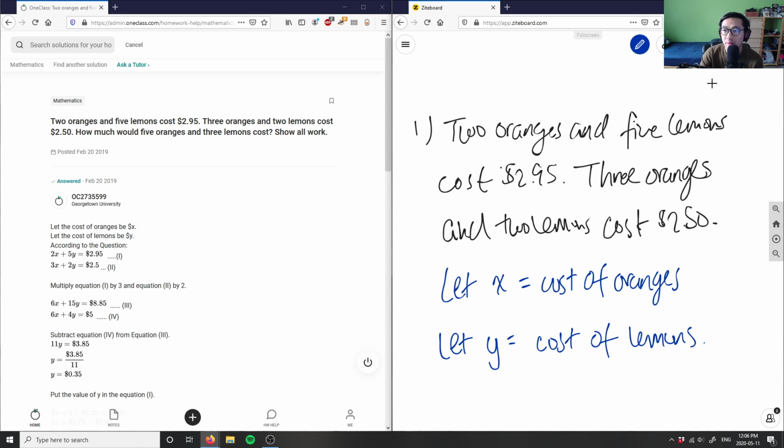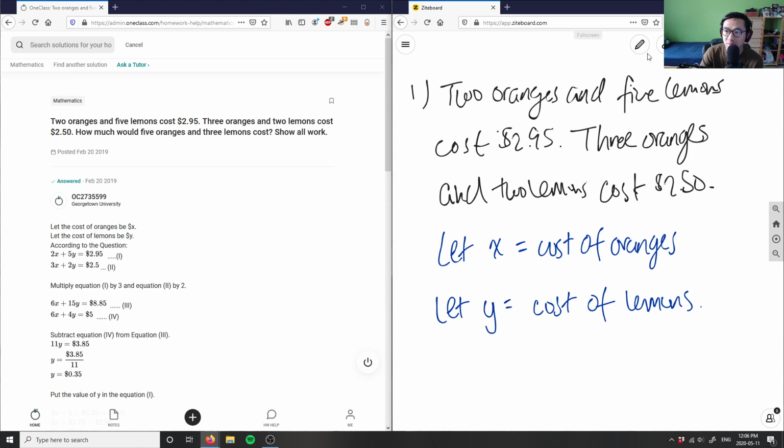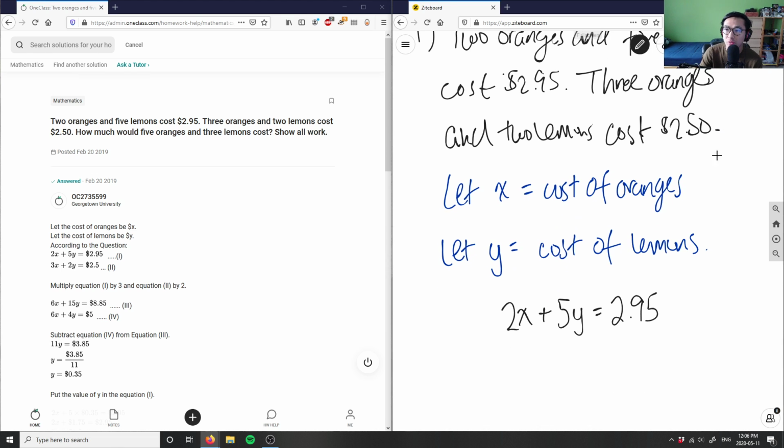So through our first statement, 2 oranges and 5 lemons, we can say 2 oranges, which is 2x, plus 5 lemons, 5y, equals $2.95. And from our second statement, we have 3 oranges, so 3x, plus 2 lemons, which is 2y, equals $2.50.